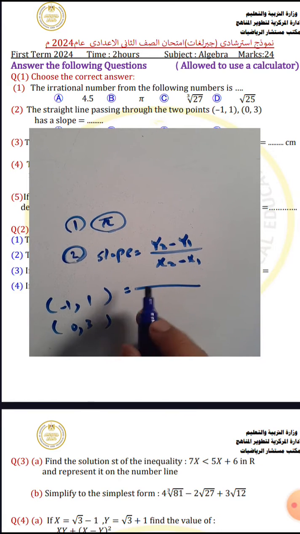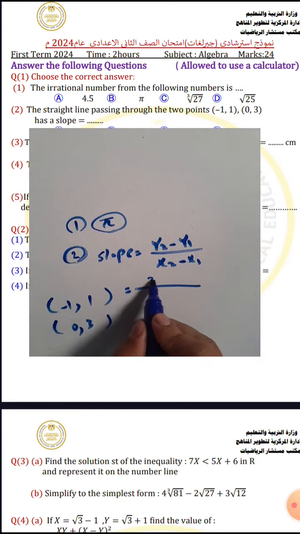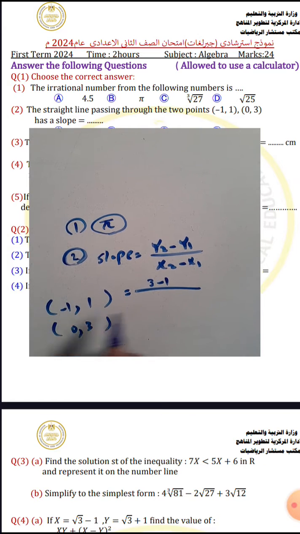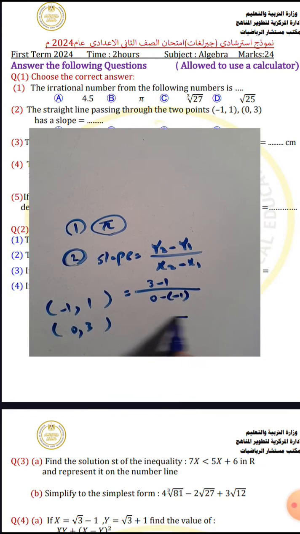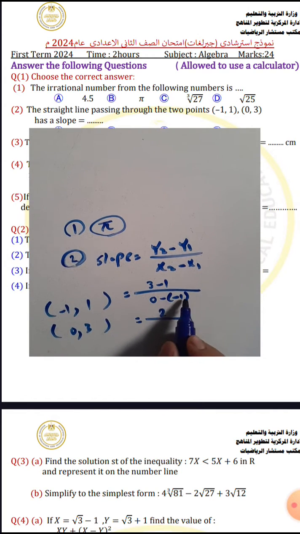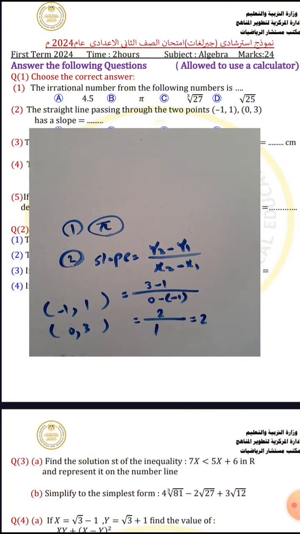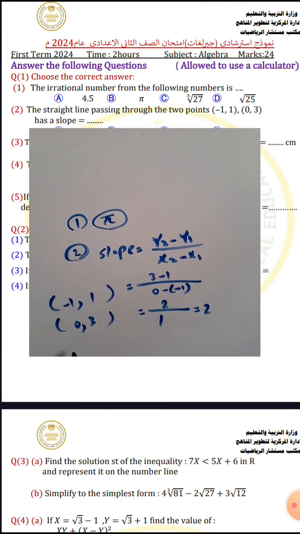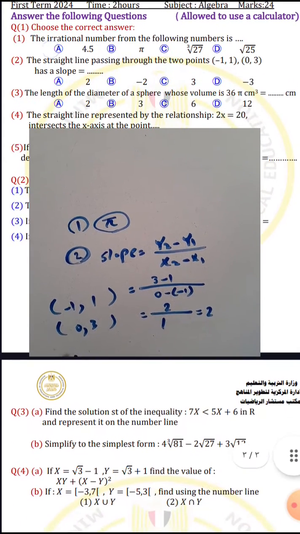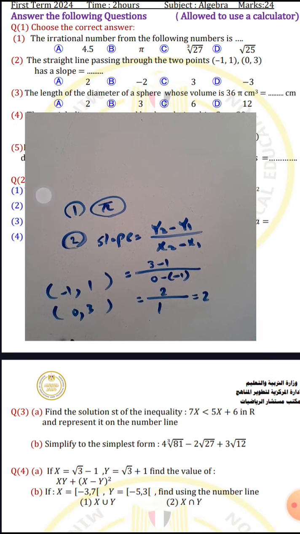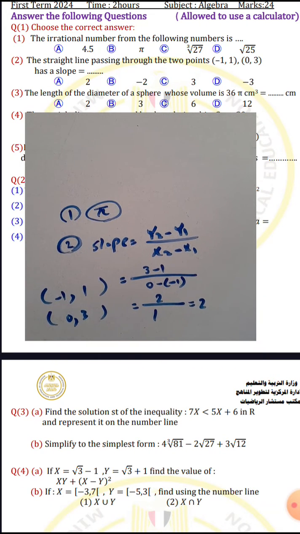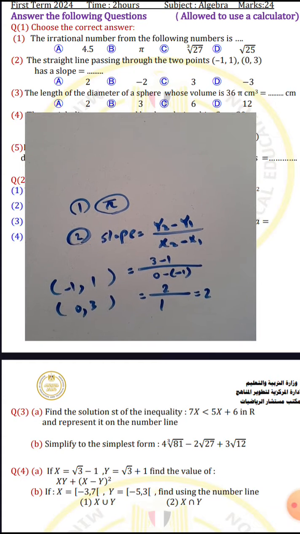It will be y2 minus y1, 3 minus 1, over 0 minus (-1). 3 minus 1 equals 2. 0 minus (-1) will be 1. 2 divided by 1 will be equal to 2. Okay, that is the result for question number 2.